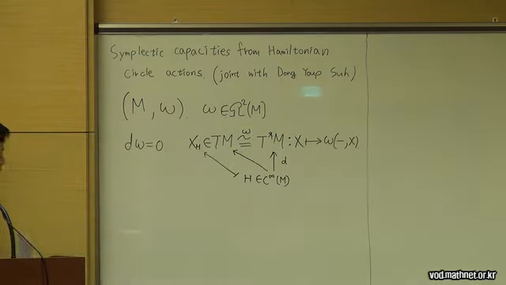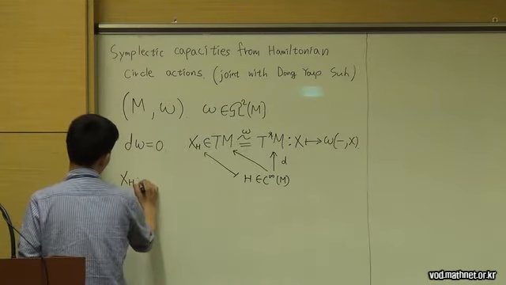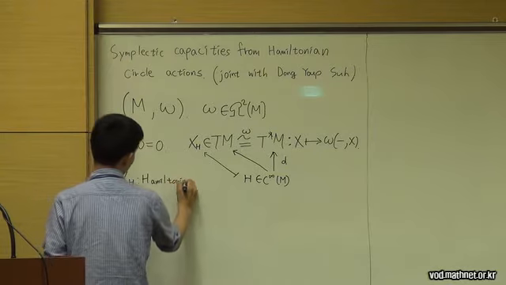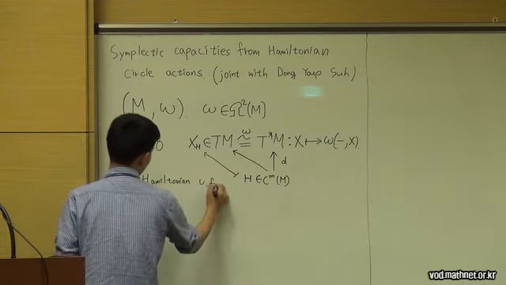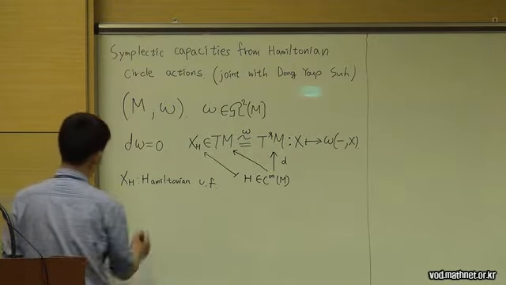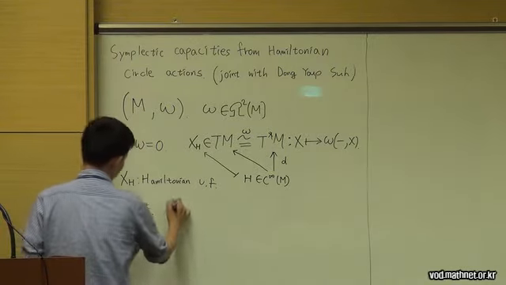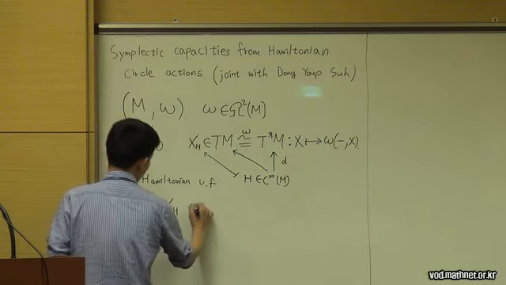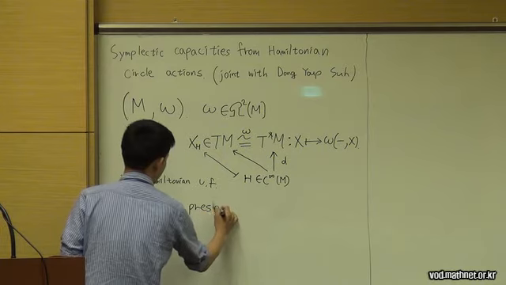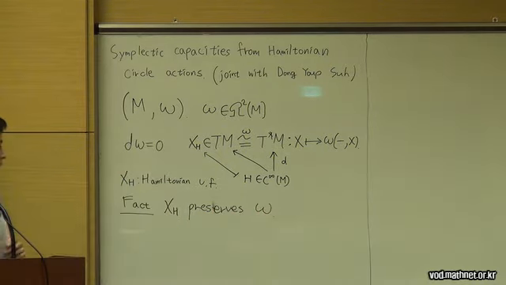This one is called the Hamiltonian vector field. One simple but important observation is that this vector field preserves the symplectic form omega.